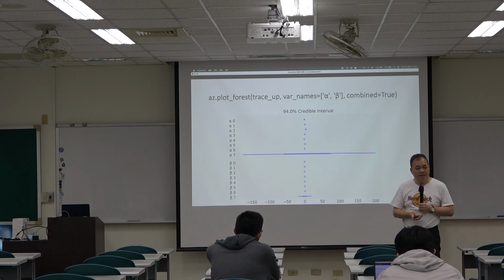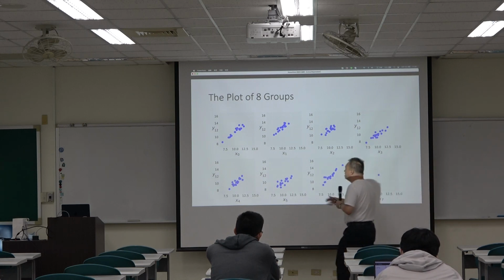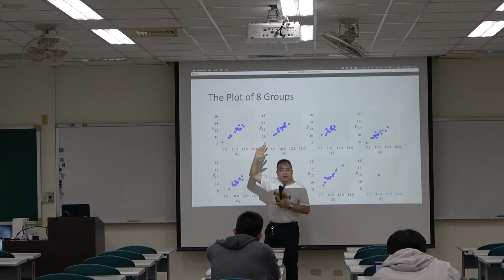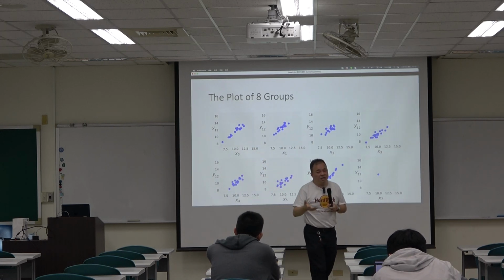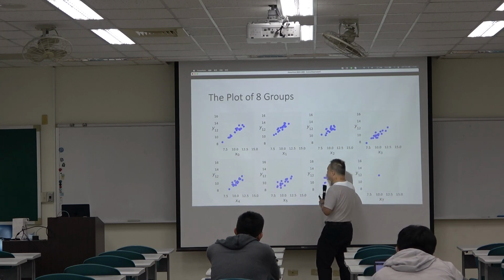Here, if you have these data points for the first group, you can draw a line somewhere around here, right? For each group, you can come up with a reasonable line.